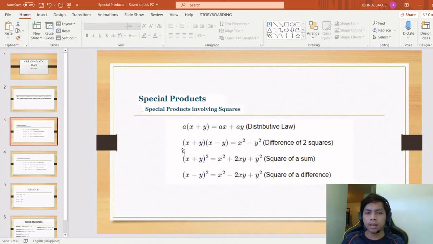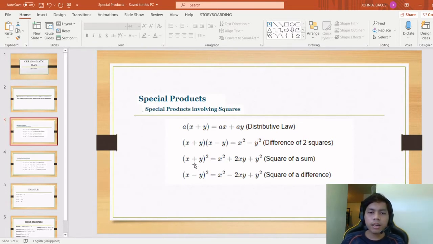For example, 5x plus 2y times 5x minus 2y is equivalent directly to 25x squared minus 4y squared. So that's the difference of two squares.